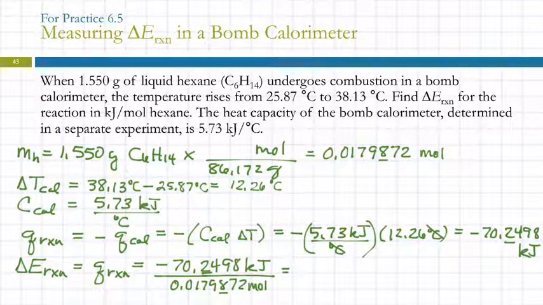So negative 70.2498 divided by 0.0179872 equals negative 3905.5. Sig figs, we should have 3. Units are kilojoules per mole.